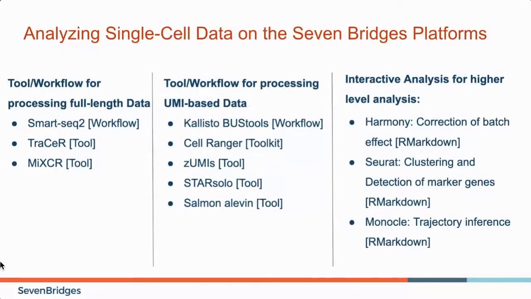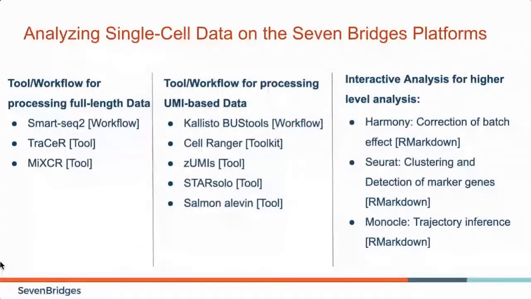In the Data Cruncher section, which we will discuss more in the second part of the talk, we have single-cell interactive analysis, and this analysis is executed within the RStudio environment on the Seven Bridges Platform. It includes notebooks that, as an input, take count data and perform additional analysis and visualizations.